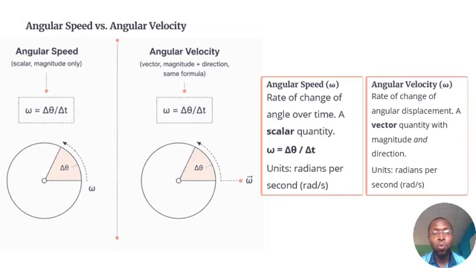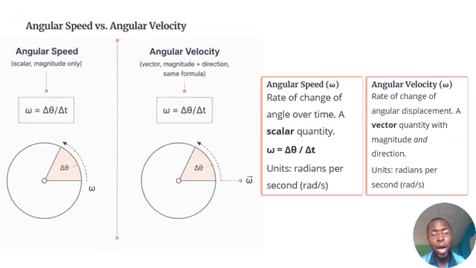By symbol, we use a symbol called omega that has an appearance of W. Some people call it W, but in a real sense, it's a Greek symbol. So this W or omega is a symbol that is used to represent either angular speed or angular velocity.